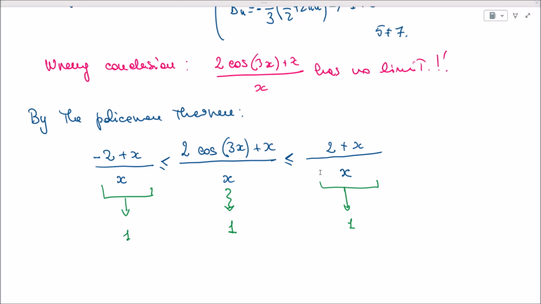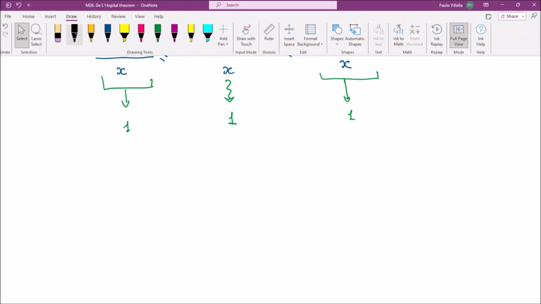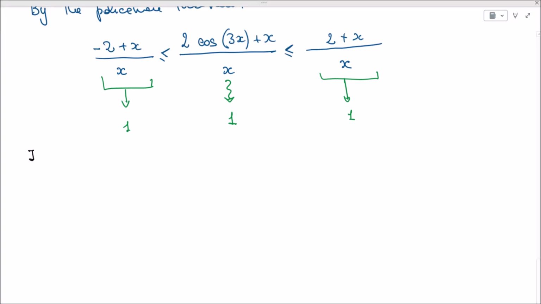Okay, let's now pass to a very important example. This will clarify a number of things that we already mentioned in the previous lectures. So, important example.